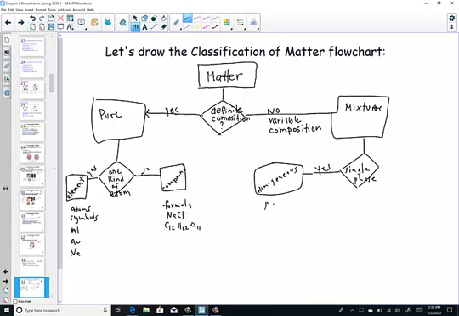Salt water is an example. We said air is another example. And if it has more than one phase, we call it heterogeneous. More than one phase, we gave an example such as beach sand.